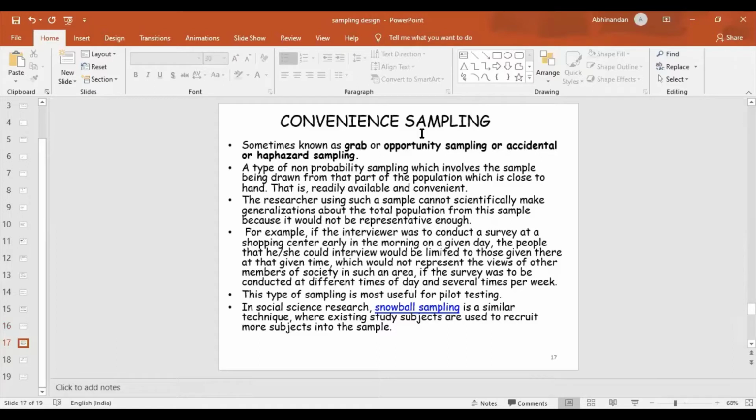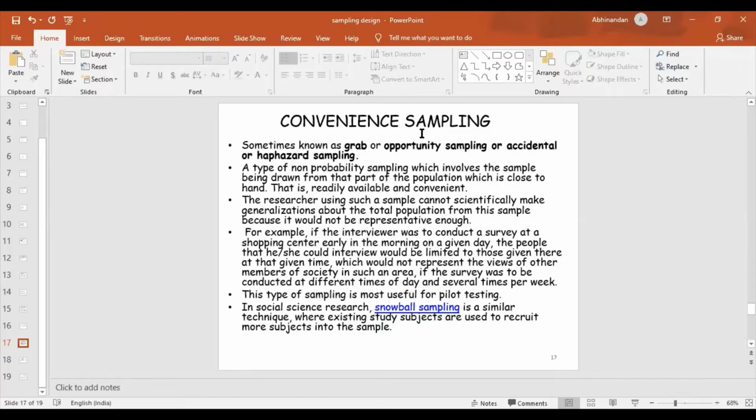Convenience sampling is a very easy technique, sometimes known as grab or opportunity sampling. You are selecting a sample based on your convenience, or whoever is nearest to you. Whoever is nearest, you consider as a sample. For example, your population is students from Mangalore University, but you distribute the questionnaire only to HRD students or MCOM students because they are convenient.